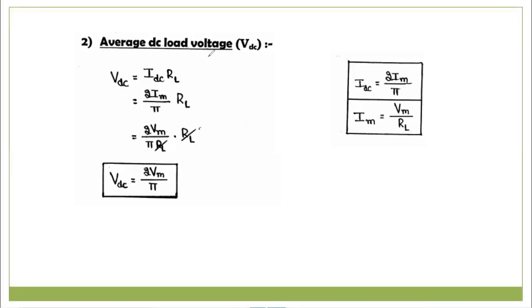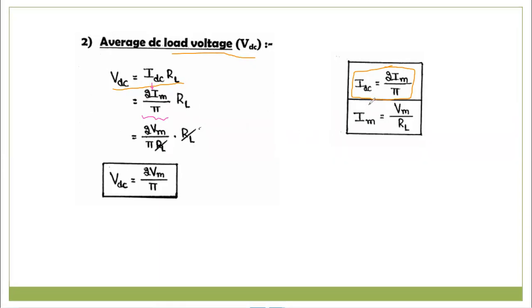If you want to calculate the DC load voltage, VDC, we use the formula VDC is equal to IDC times RL. Previously, we got an expression for IDC, which is 2 Im by pi. So that value is substituted, and we'll get an expression like 2 Im by pi into RL.